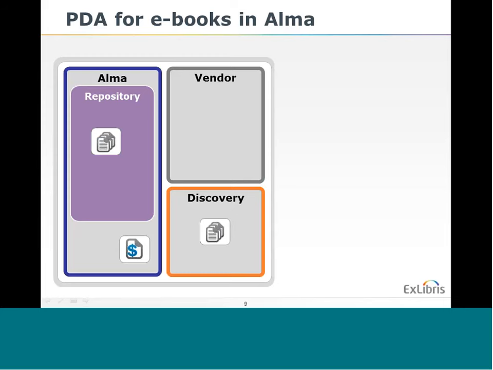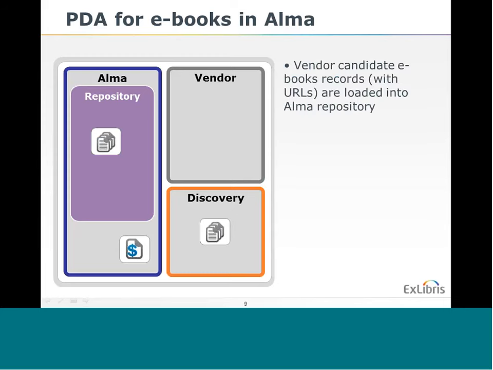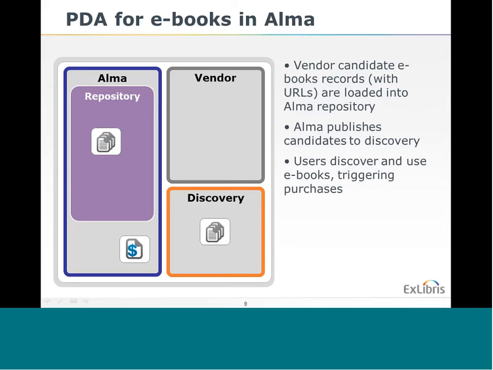So going a little bit deeper into the PDA process, let's take a look at an ebook example. Candidate ebook records are loaded into the Alma repository, and this includes the ebook URLs. Alma then publishes the ebook candidates to the discovery tool, in other words, Primo. Users find and use the ebooks in Primo.